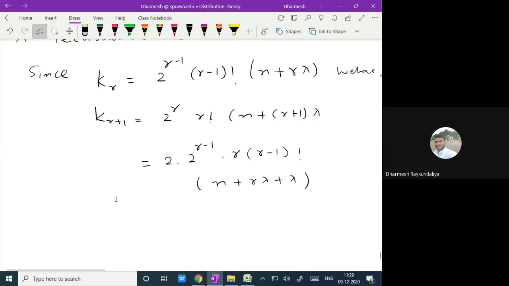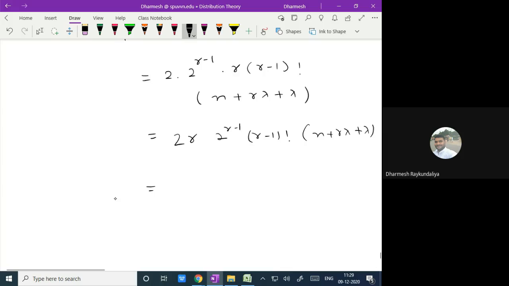Can we write? Here it is 2 raised to r minus 1, r minus 1 factorial, and n plus r lambda plus lambda.